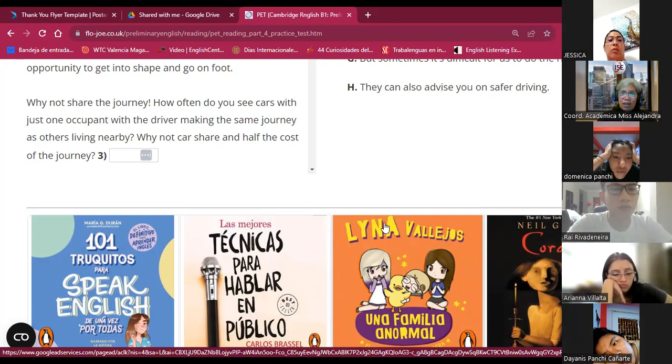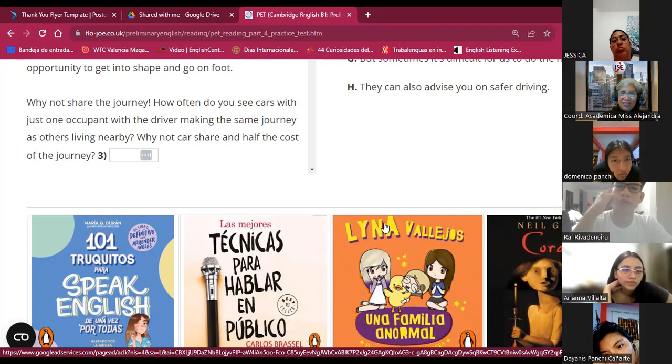How can you save money and protect the environment? Ariana, which are the most important words in this paragraph? Remember, it's skimming. You have to read very fast.